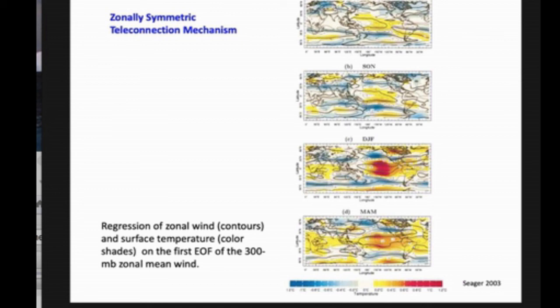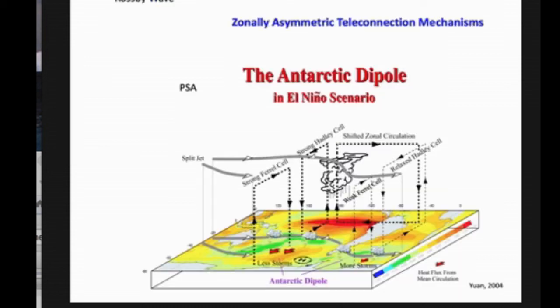And you see that it's all zonally symmetric, increasing or decreasing throughout, and almost symmetric between the two hemispheres. You don't see too much variability in the zonal directions. So this is one example of zonally symmetric teleconnections.